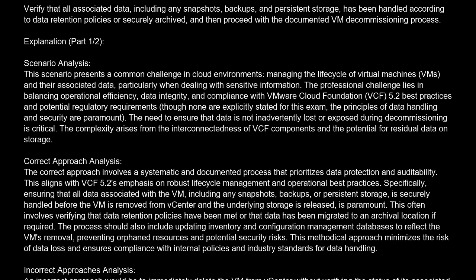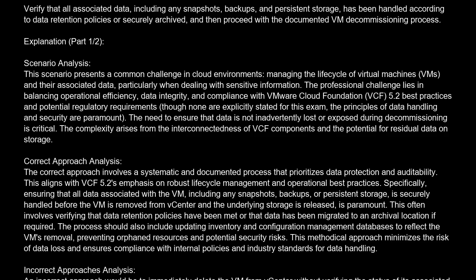Explanation. Scenario analysis. This scenario presents a common challenge in cloud environments, managing the lifecycle of virtual machines (VM) and their associated data, particularly when dealing with sensitive information. The professional challenge lies in balancing operational efficiency, data integrity, and compliance with VMware Cloud Foundation (VCF) 5.2 best practices and potential regulatory requirements.